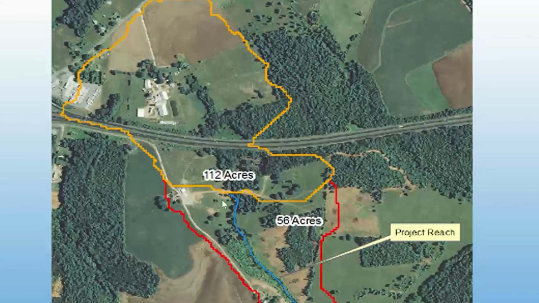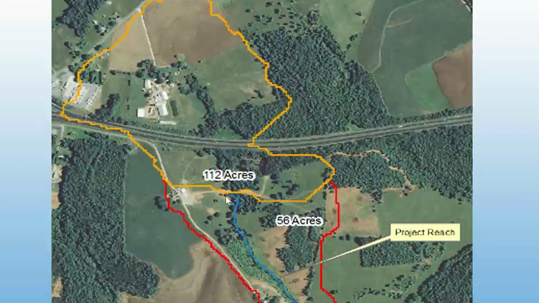And so the first thing to note is this blue line is our project stream reach. And so at the downstream end of that reach, we would delineate the watershed boundary, the entire watershed. So in this example, it's a small 168 acre watershed. That's step one.